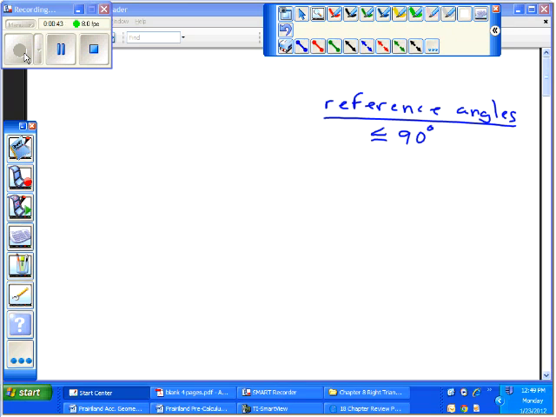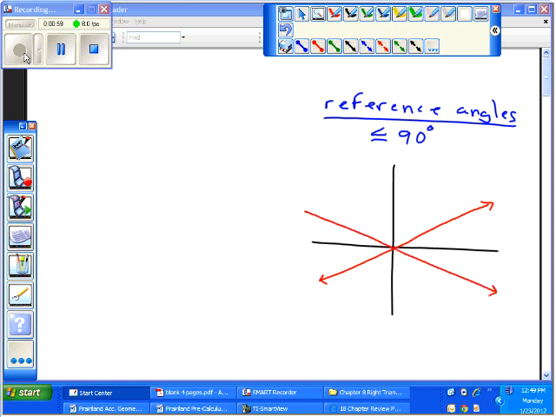When we talk about a reference angle, there's four places that we could be and be acute, and I'm just going to redraw my lines like this. If I drew a line like this, and I'm going to just try to make it the same, and we're really dealing with acute angles, then we could have this acute angle right here, or this one, or this one, or that acute angle right there.